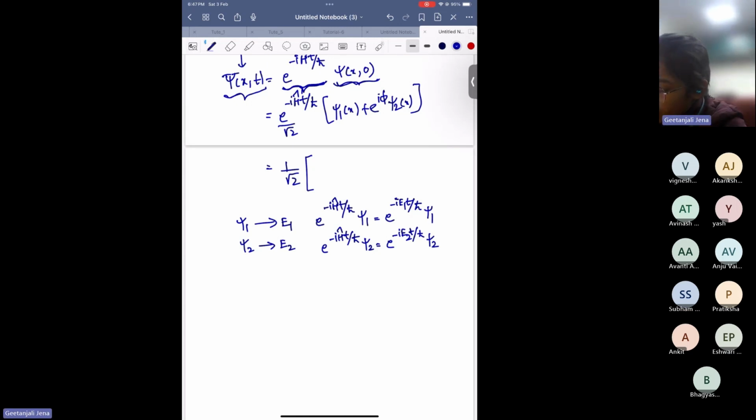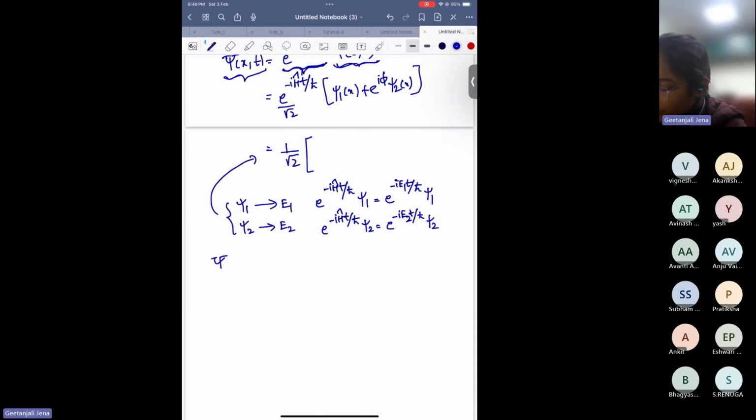Now if you put these two equations in this form, psi(x,t) equals 1 by root 2 times e to the power minus iE1 t by h cut psi 1(x) plus e to the power minus iE2 t by h cut psi 2(x).